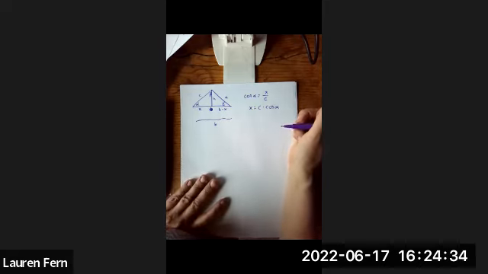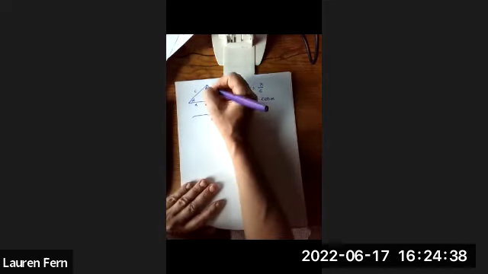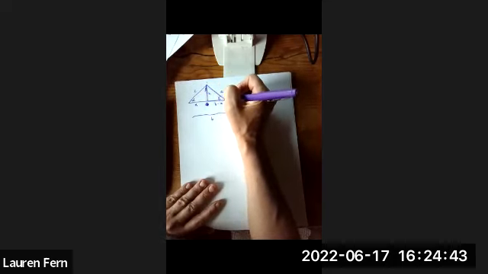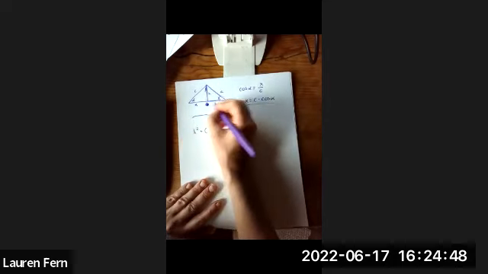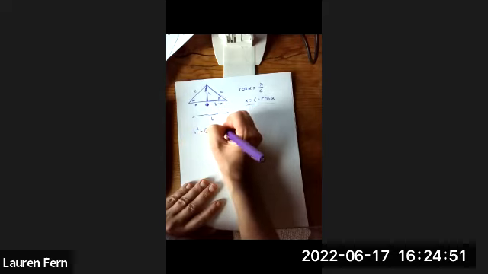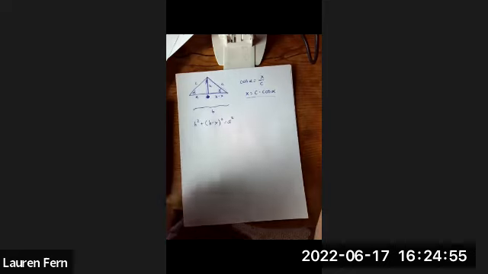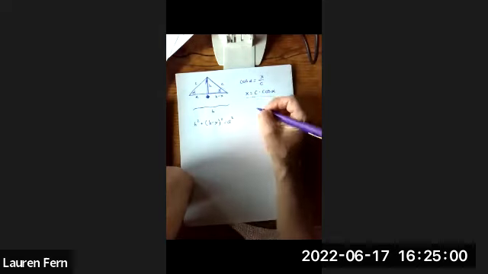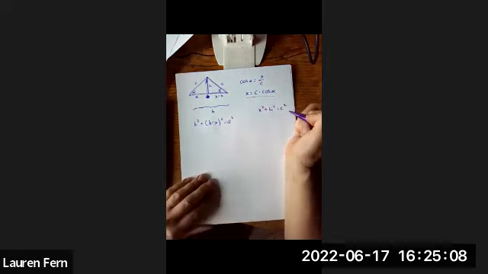Well, now what I'm going to do is going to seem a little funky, but I'm going to hone in on this right triangle right here. I think you'd grant me that the length of this side squared plus the length of this side squared is equal to the length of my hypotenuse squared. I think you'd also grant me that we could do the same thing with this side, to get x squared plus h squared is equal to c squared.